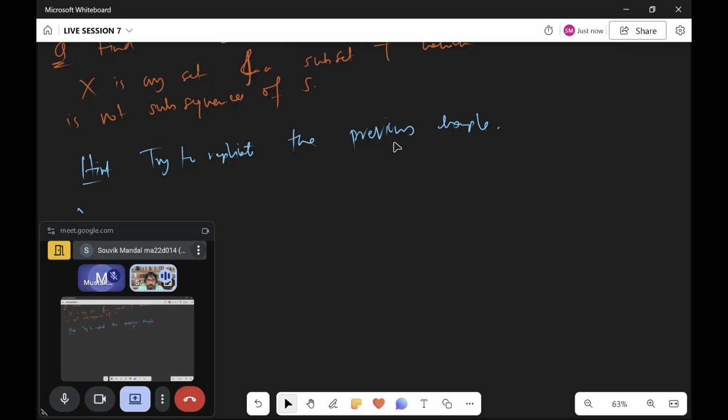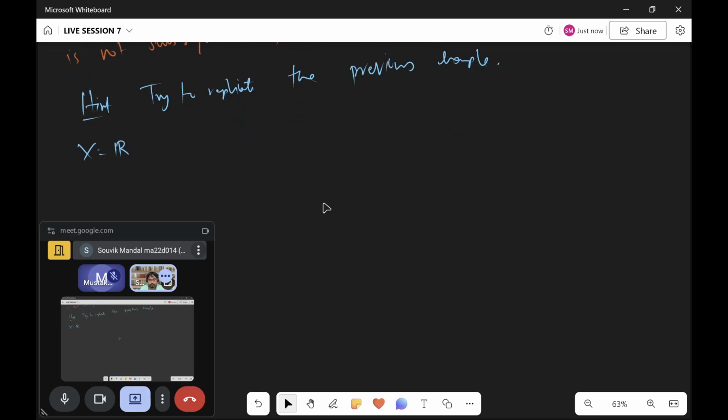So the answer is that take X equal to R. Take X equal to R, S equal to identity, T to be 1, 1, 2, 2, 3, 3, 4, 4, dot dot dot.